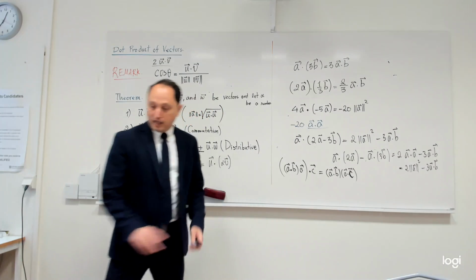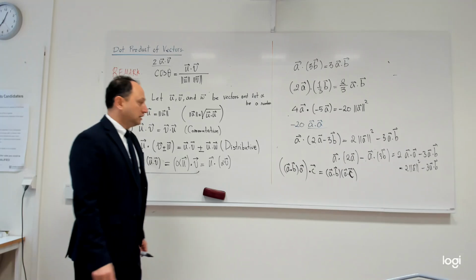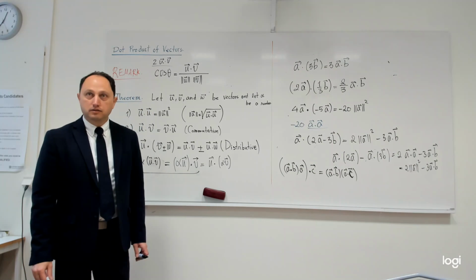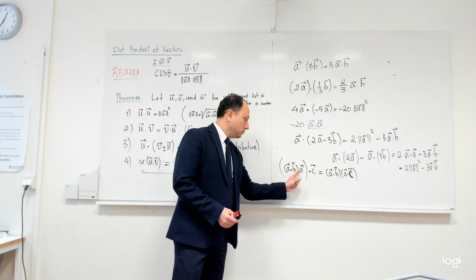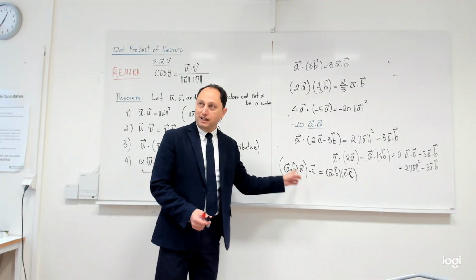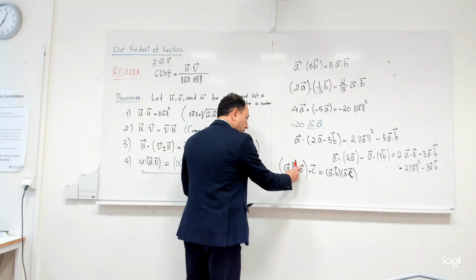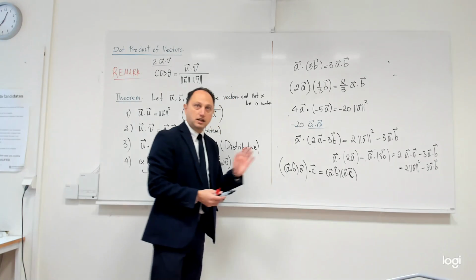If I put a dot here, it becomes completely meaningless. Because this becomes a number, and when I have this symbol, the left hand side and the right hand side have to be vectors. So I am not allowed to put a dot. If I don't put a dot, this is meaningful and this equality is valid. Is that understandable?